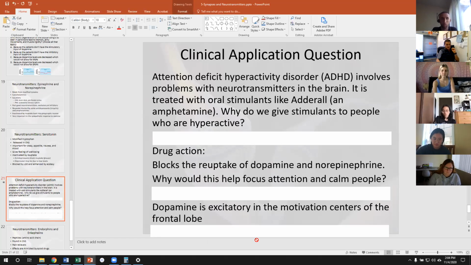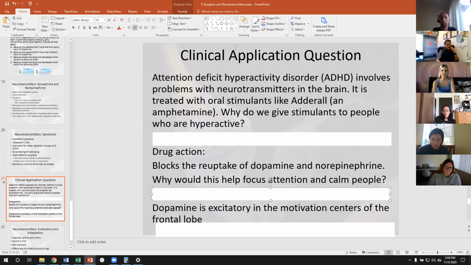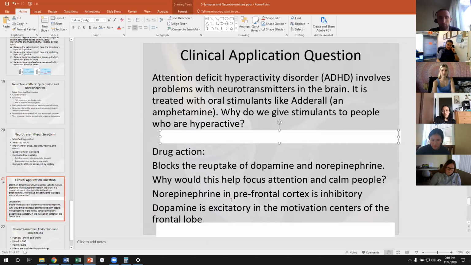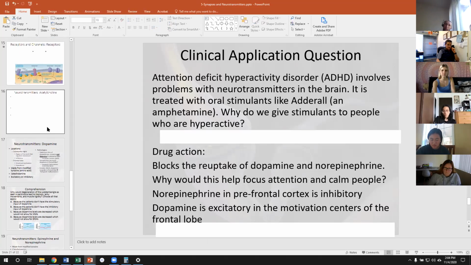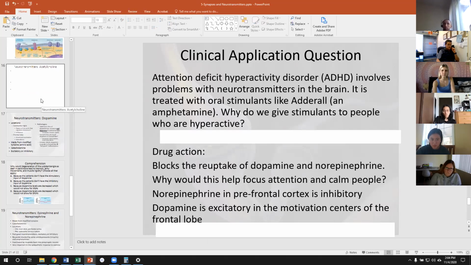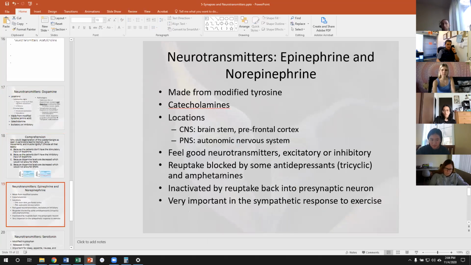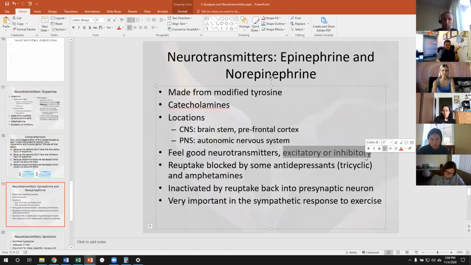So if we look at these guys, get these out of the way for a second. Norepinephrine in the prefrontal cortex is inhibitory. So if we go back to the slide that talked about norepinephrine, this right here, it says in the CNS or PNS, and it just says they can be excitatory or inhibitory, depending on which part of the brain we're in.